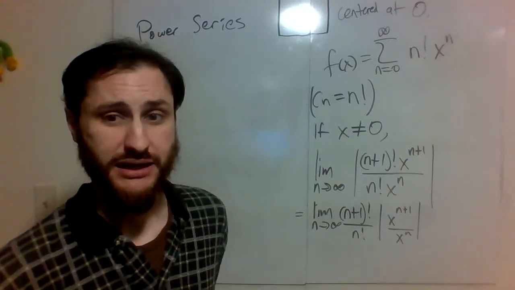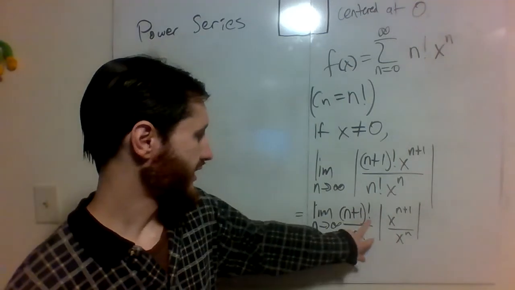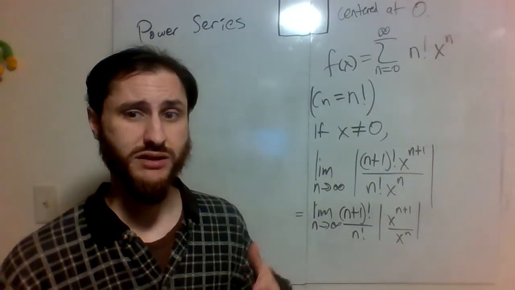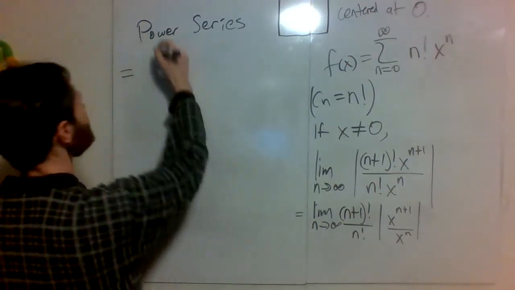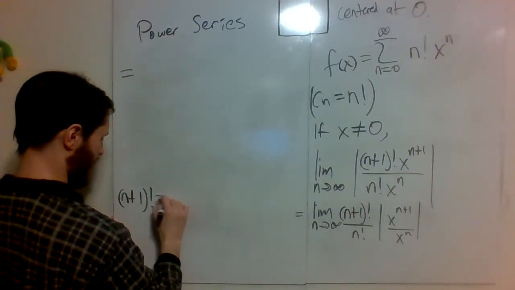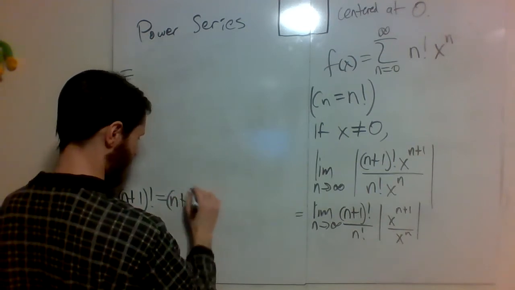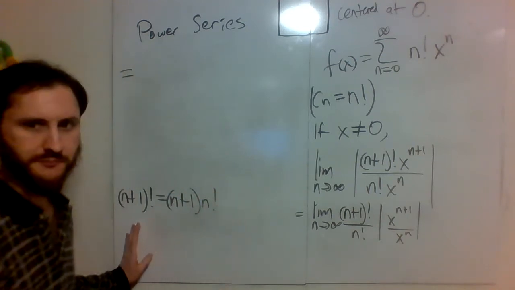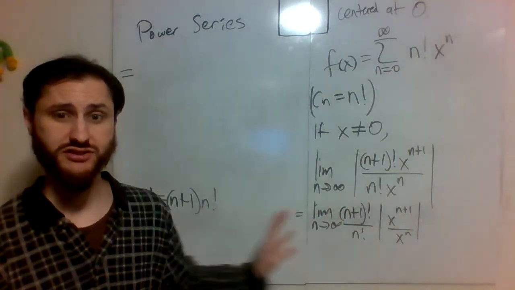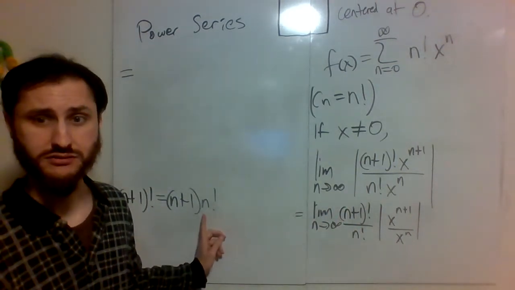All right, so as I was mentioning a moment ago, n plus 1 factorial over n factorial. N plus 1 factorial is just n plus 1 times every positive integer less than it, so that's just n factorial.